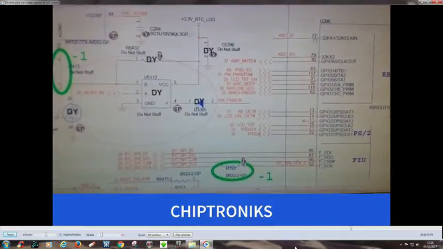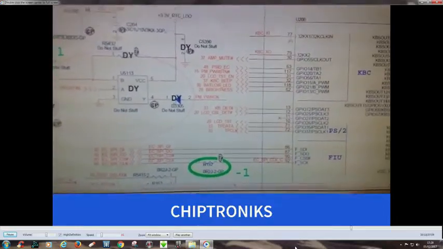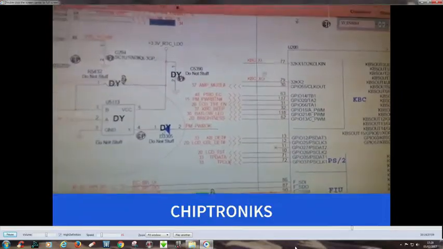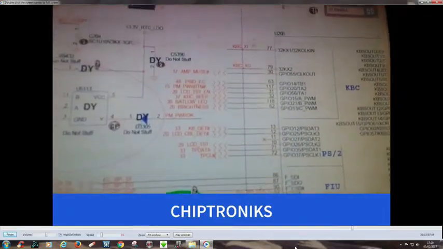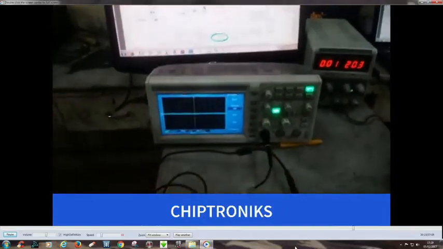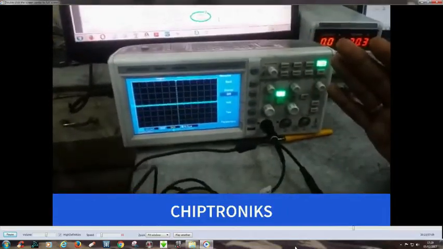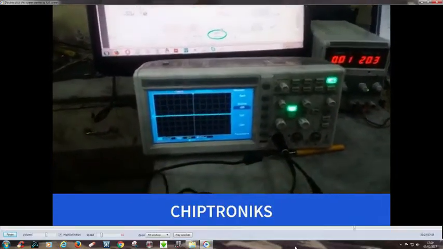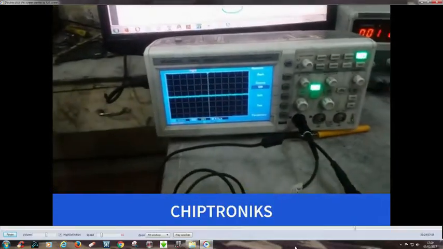So let's check using an oscilloscope. I will show you how to check the clocks at these two pins. Usually you require a 100 megahertz oscilloscope for testing the latest kind of board.